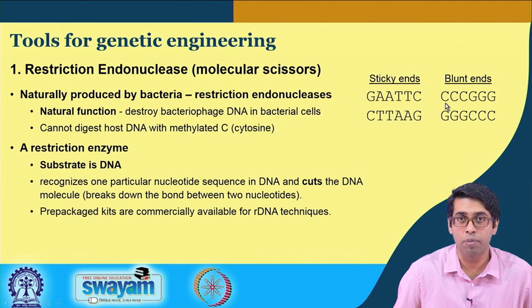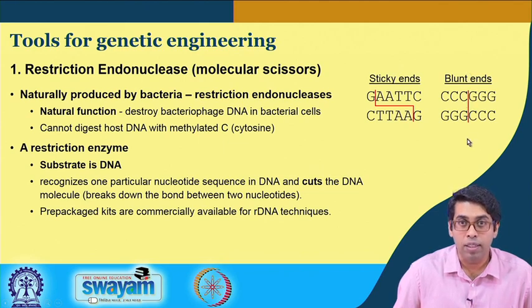This one is also very similar, it is also palindromic, CCC then GGG, and again if you read from 5' to 3', it is CCC, GGG. Now, there are two types of endonucleases, one which leaves sticky ends after cutting the DNA and the other which leaves blunt ends. What does that mean? Blunt end is actually very simple.